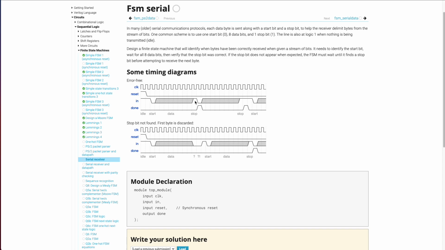If I see a ninth cycle, actually next cycle is start, but then I also need to assert done next cycle.